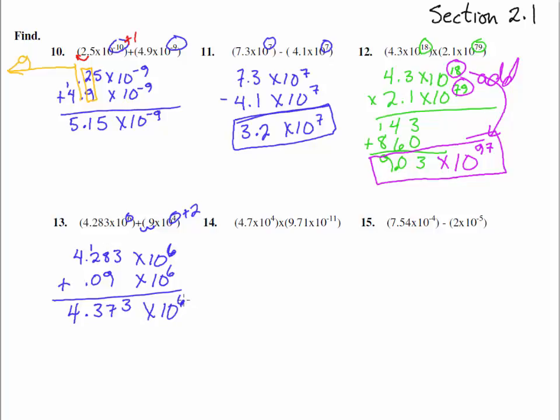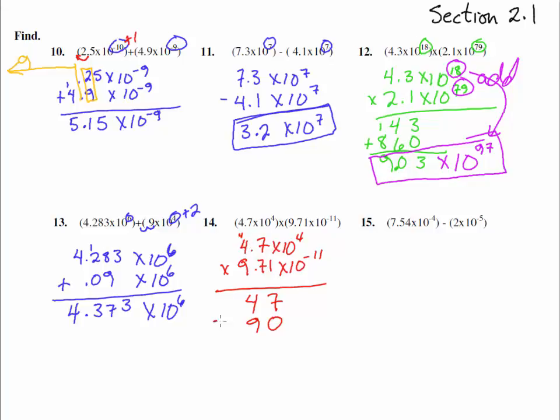Oh, good. Number 14. Let's try this one. Again, we're multiplying. They don't have to be alike for multiplication. We can just do it normally. 4.7 times 10 to the 4th times 9.71 times 10 to the negative 11. 1 times 7 is 7. 1 times 4 is 4. Put a 0 there. 7 times 7 is 49. 7 times 4 is 28.